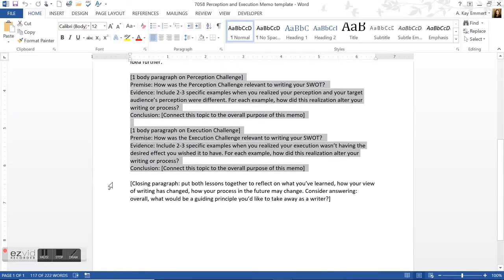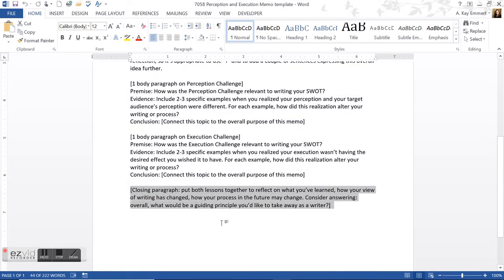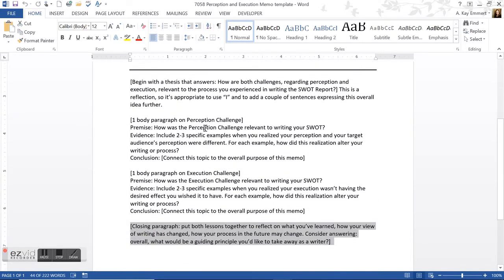Now notice that I have an opening. So here's our opening, here's our middle, our body paragraphs, and here's our closing paragraph. Now the reason why I've broken it up this way instead of just having it as one big paragraph is that we are covering 2 points. And so since we're covering 2 different topics, we really need to break those up into 2 different body paragraphs.